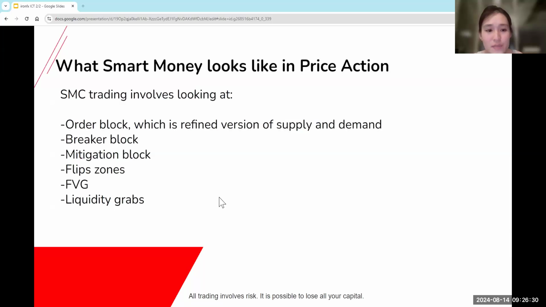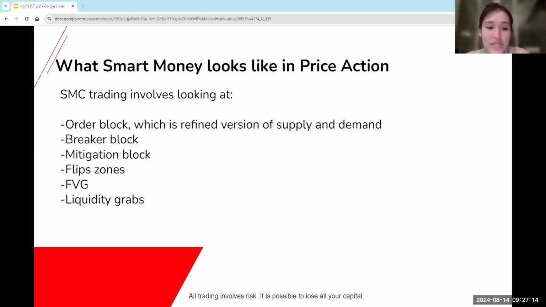Okay, so what does smart money look like in price action? There are a couple of terms that they use that are conceptually pretty similar to what we have been going through in all of our previous webinars. For example, when I do my live analysis sessions, I will call certain areas support and resistance. They would call it supply and demand areas or your order blocks. That's simply a different term for the supply or demand that an asset experiences.